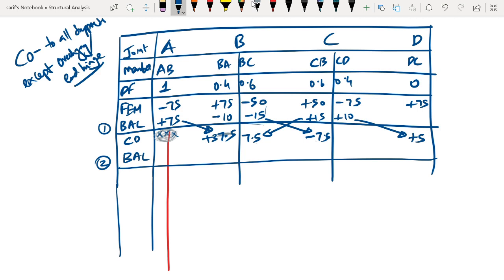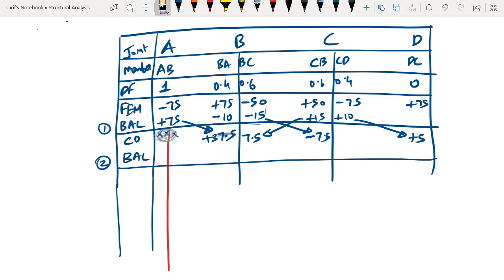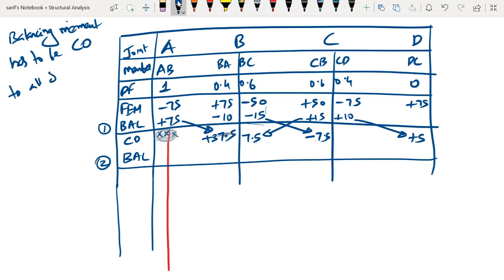Once again, where do we carry over? We have to carry over the balancing moment. What are we carrying over? We are carrying over the balancing moments. So the balancing moment has to be carried over to all supports.